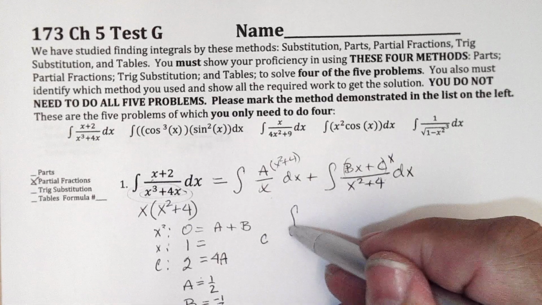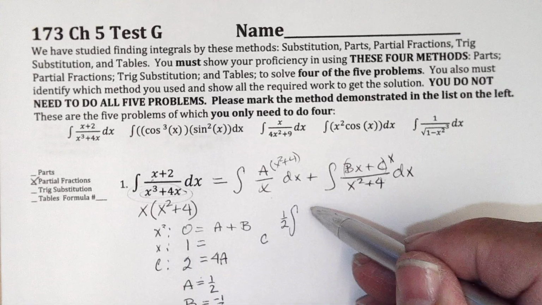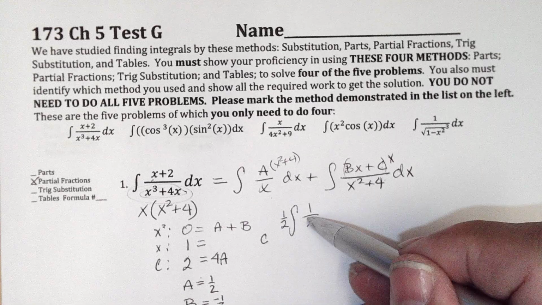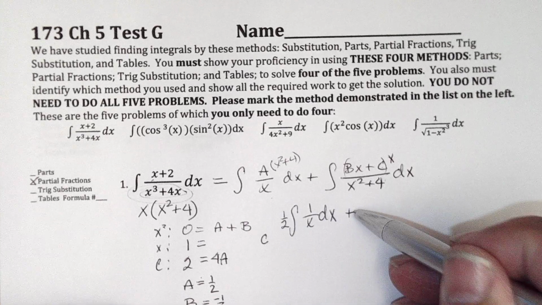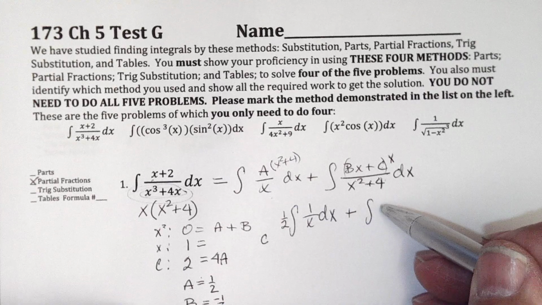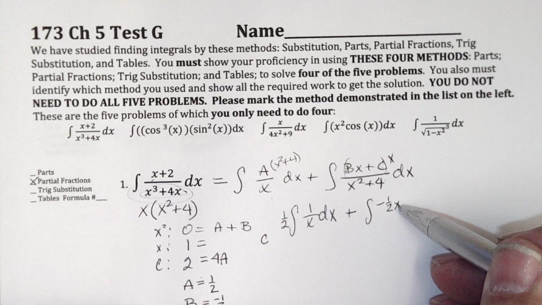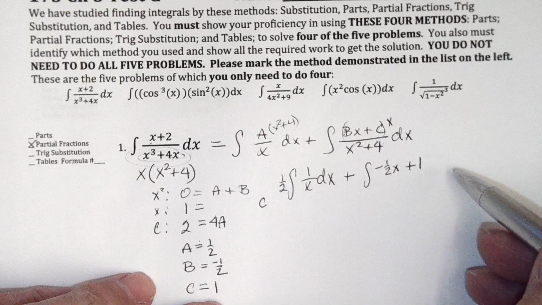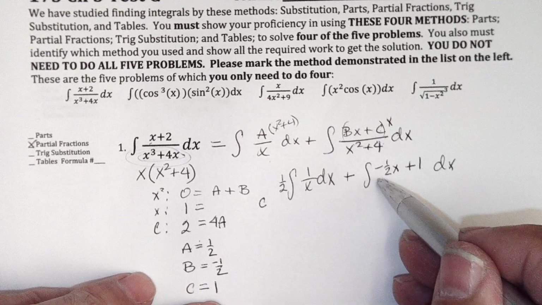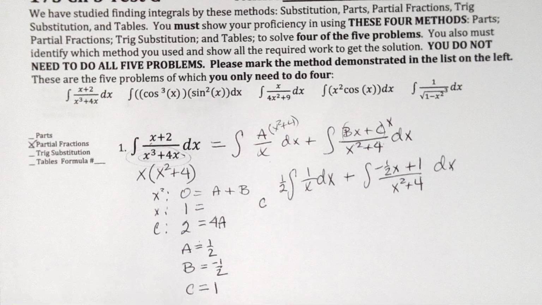So we have the integral of 1/2, pulling the A out, of 1 over x dx, plus the integral of negative 1/2 x plus 1 dx over x squared plus 4.